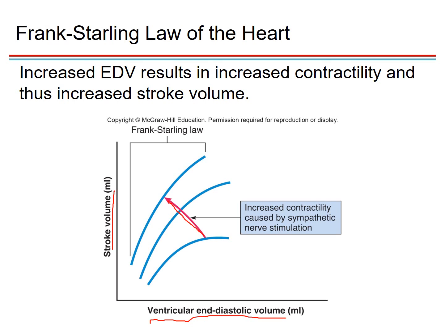Okay, and so factors that include this increase in cardiac output include sympathetic nerve stimulation. So a big take home here, again, is that as the end diastolic volume increases, the myocardium stretching increases and contracts more forcefully, thus increasing that stroke volume.